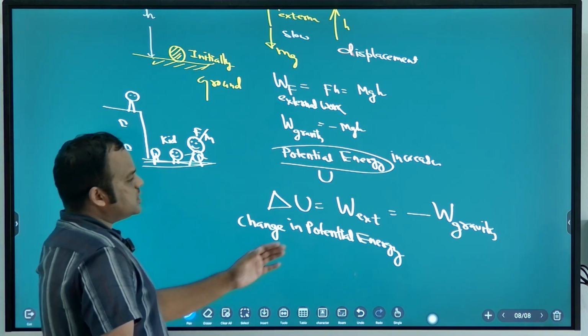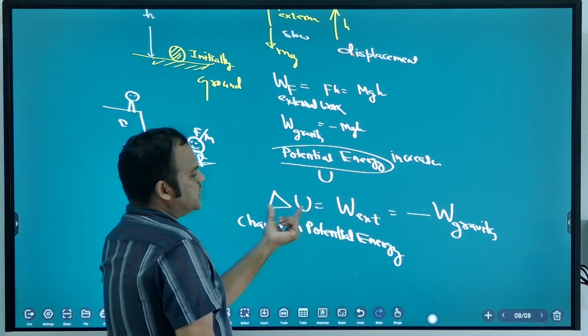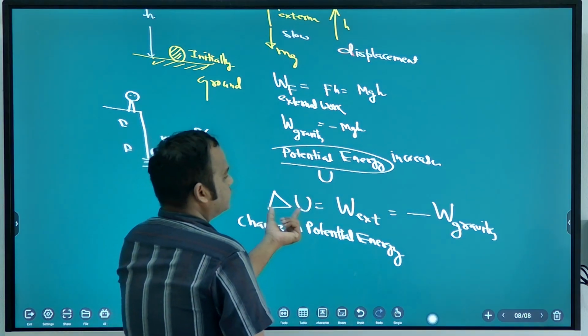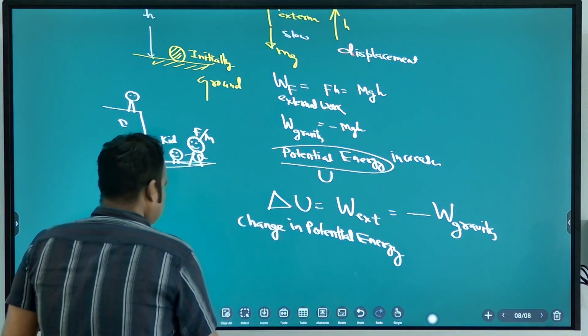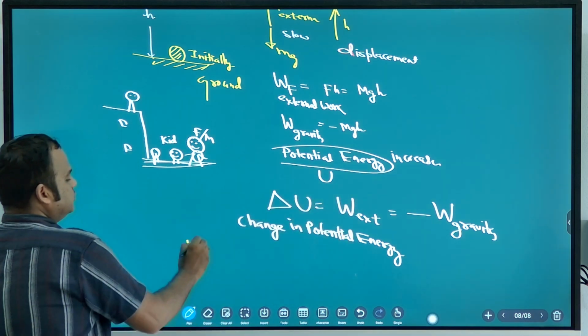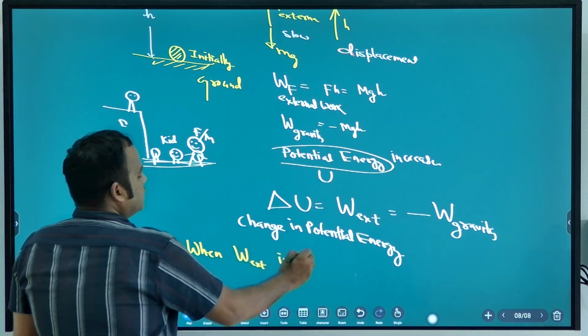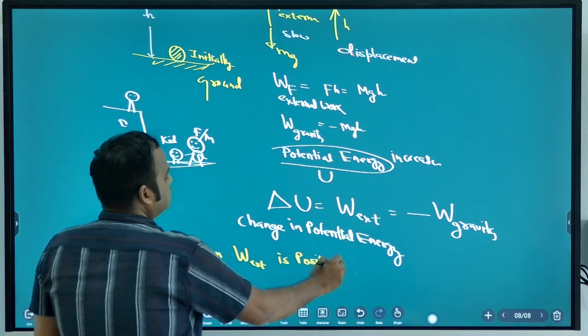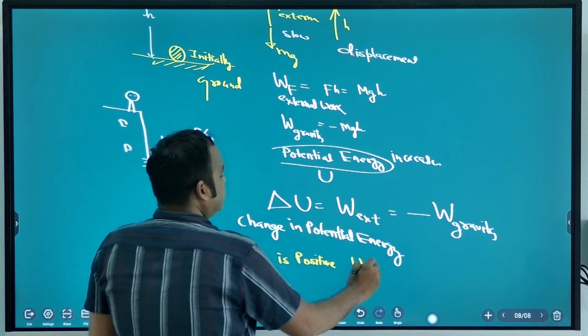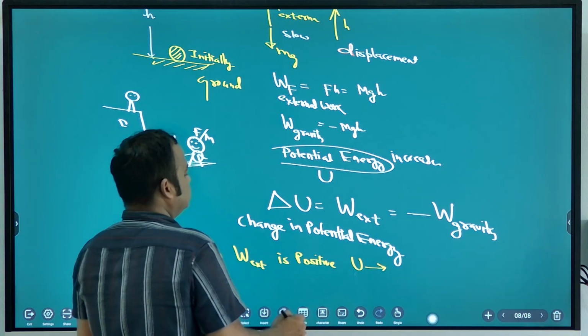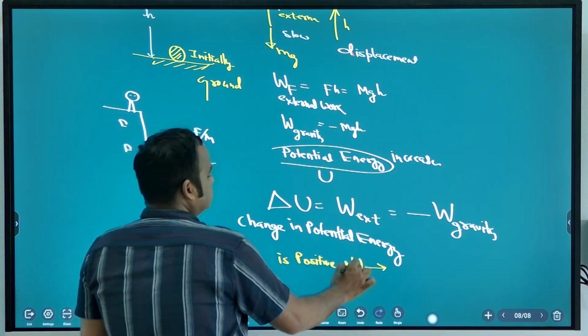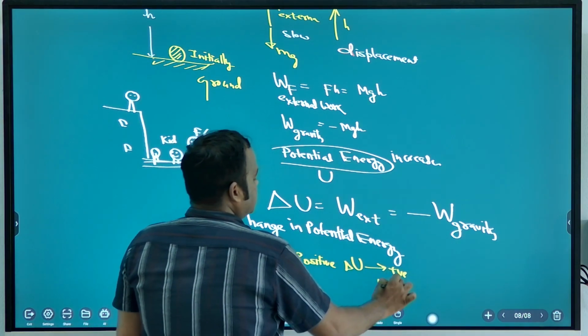So when external work done is positive, does potential energy increase or decrease? When W external is positive, delta U is positive, so potential energy increases.